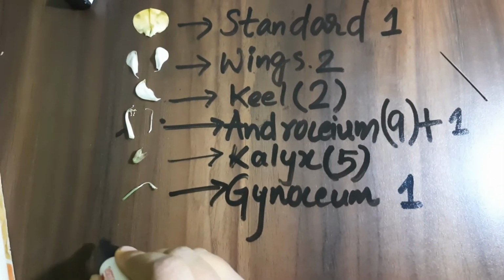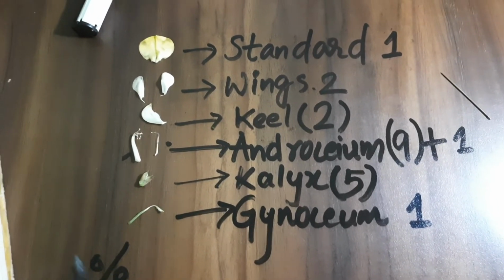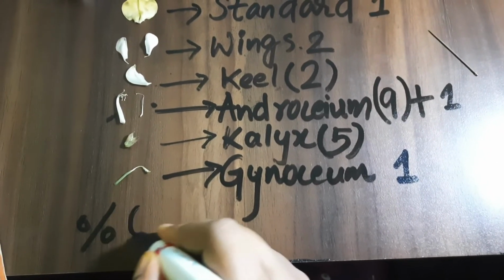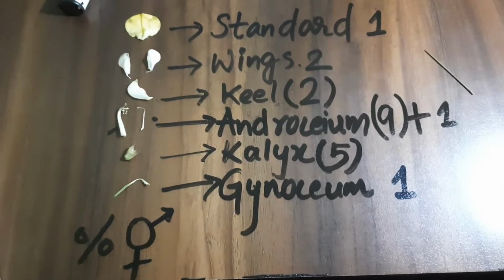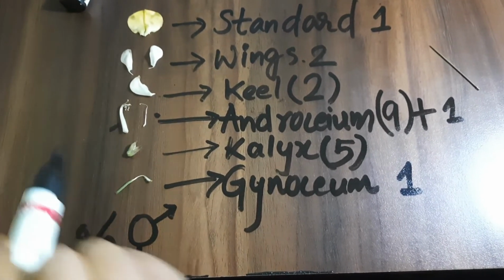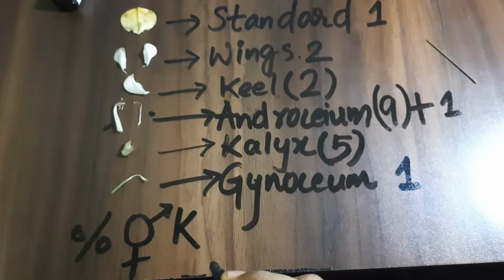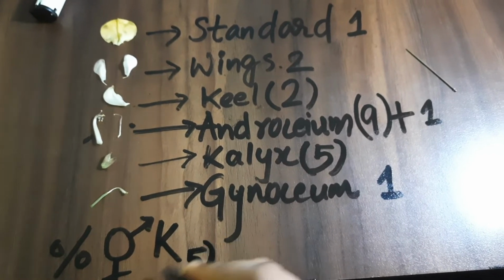It is bilaterally symmetrical. It has both androecium and gynoecium, so it is bisexual. It has calyx. You can write K for calyx. How many calyx are there? 5 calyx and united.